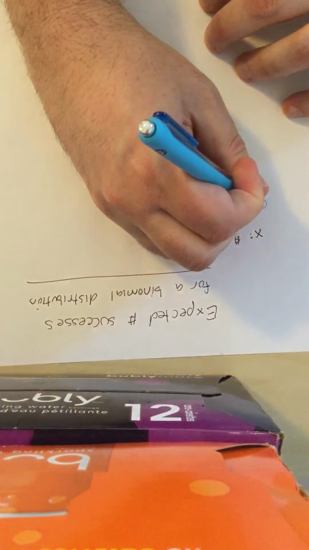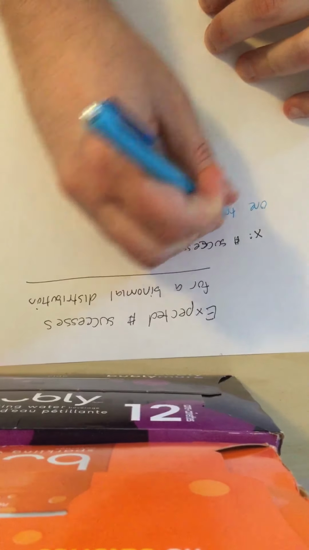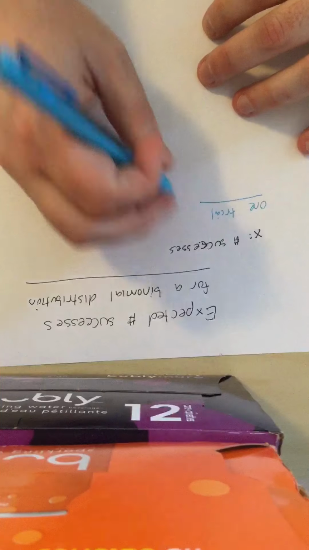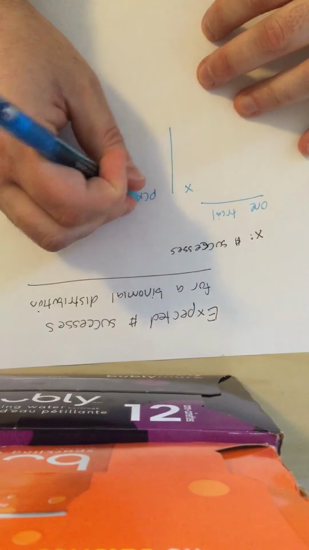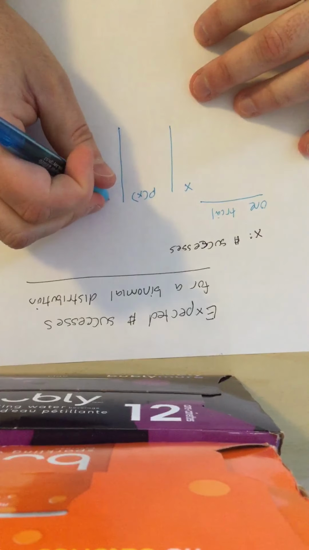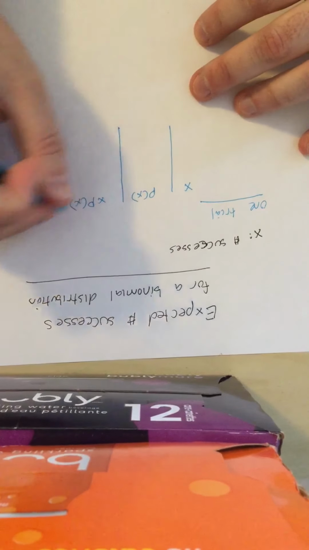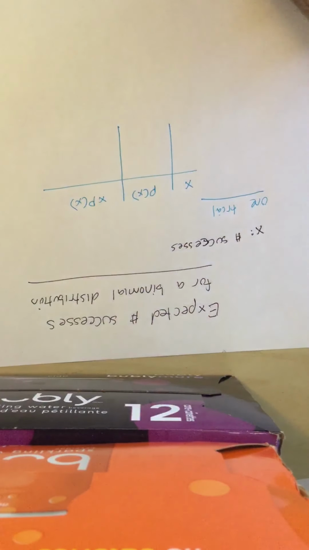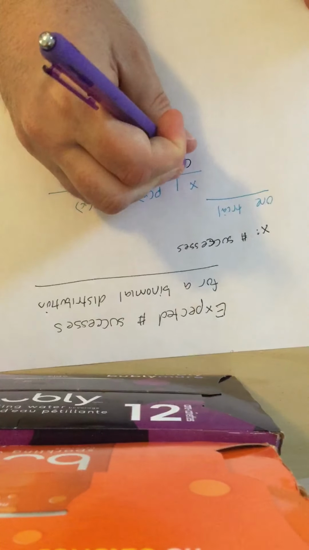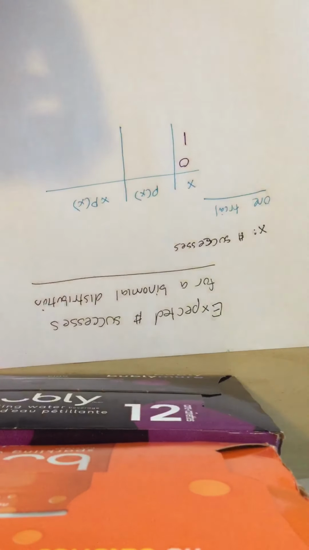So let's say we have one trial. So only one trial. So we're going to make an XPX table. So the number of possible successes, if you have one trial, is you could either have 0 successes, or you could have 1 success.